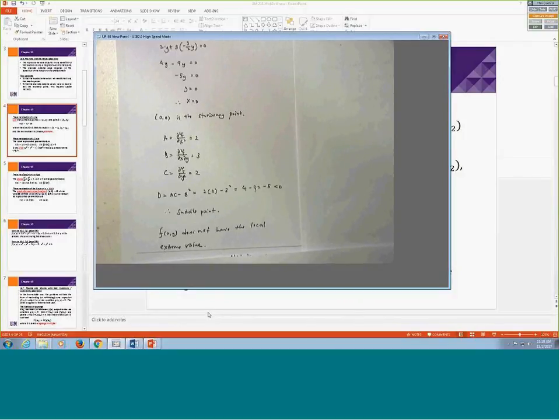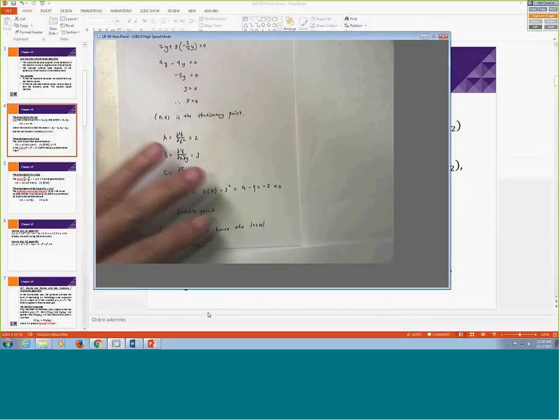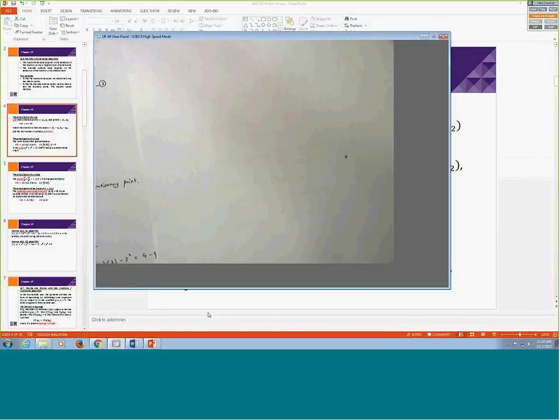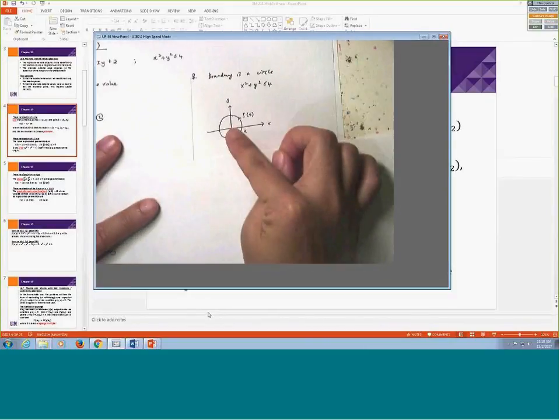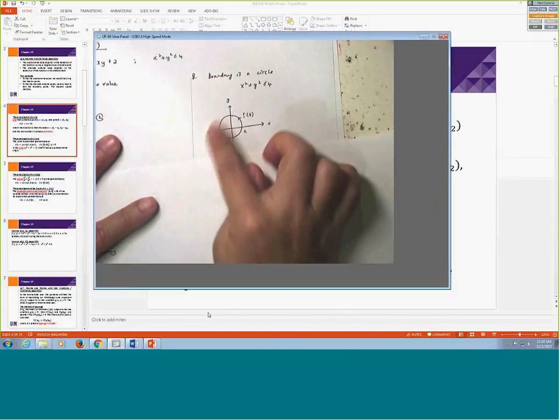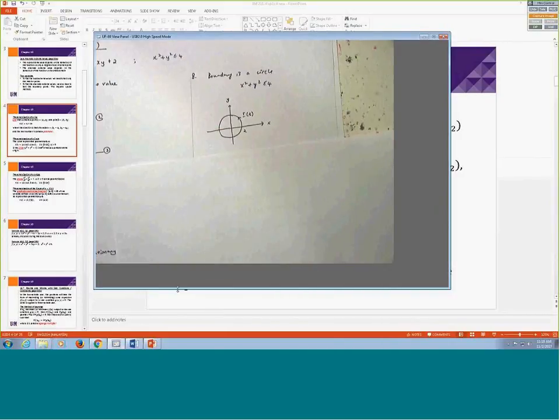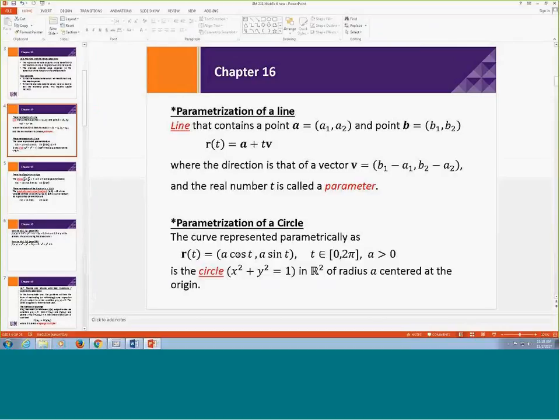So now we look at the boundary. The boundary is a circle. The interior region is over here because it is less than 4. We have the circle. According to the vector form, the parameterization of a circle is r = a cos t, a sin t.